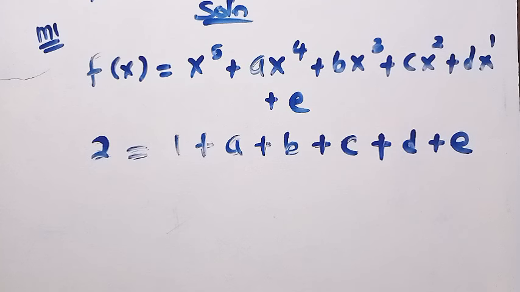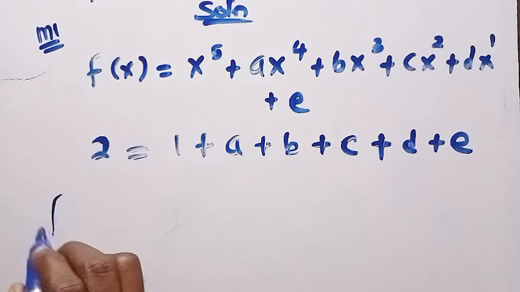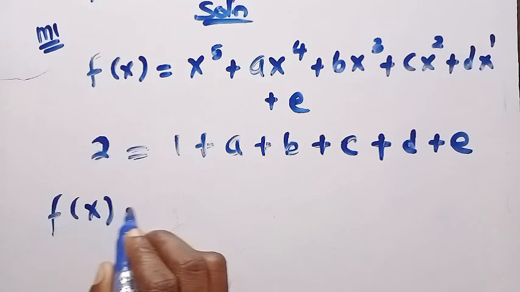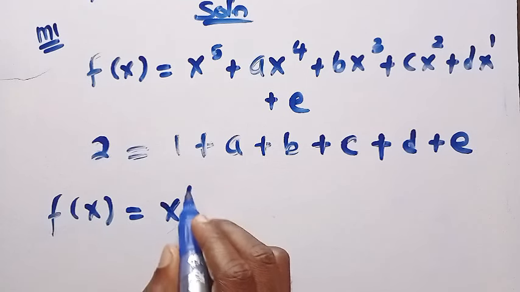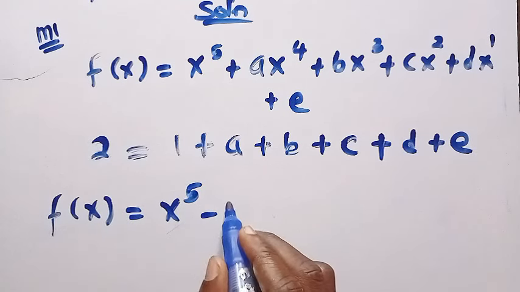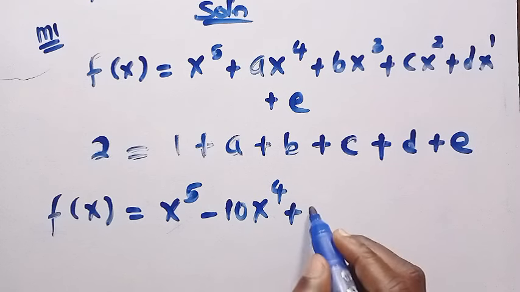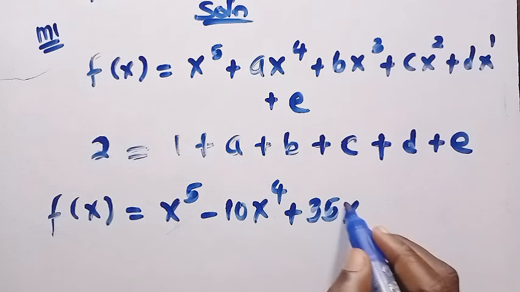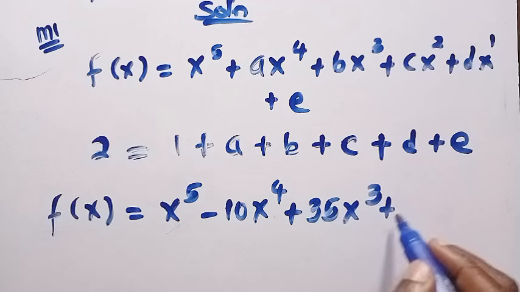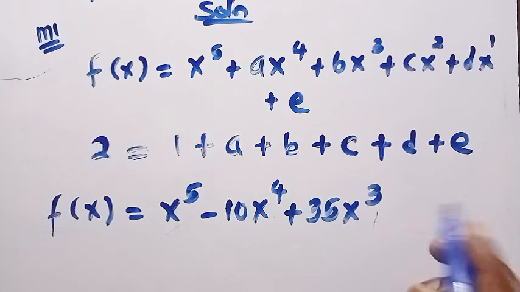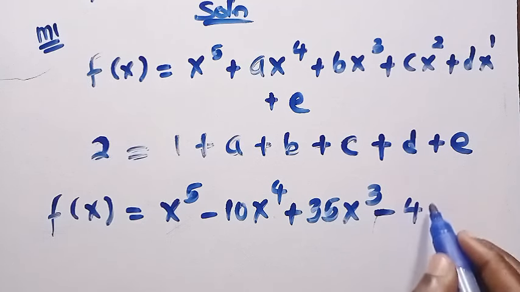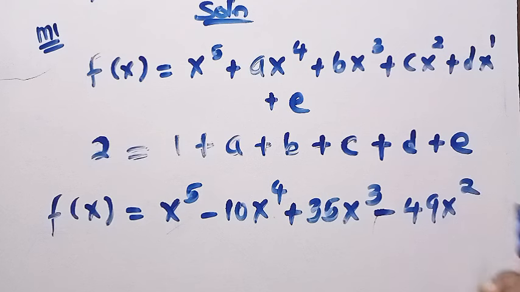We are going to get this general formula, which I'm not going to show the steps for, as f of x equals x raised to the power 5 minus 10x raised to the power 4 plus 35x raised to the power 3 minus 49x raised to the power of 2 plus 24x plus 1.